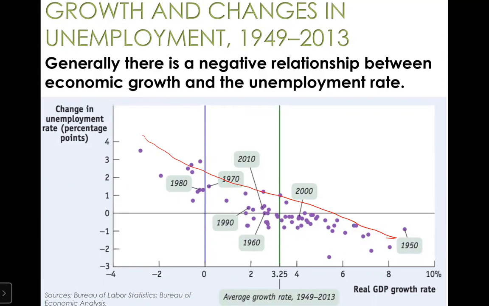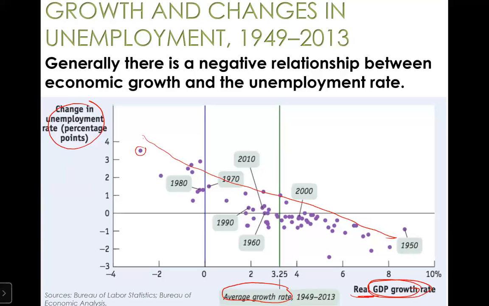This line is going to tell us the relationship between the real GDP growth rate for each year versus changes in unemployment rate in that particular year.